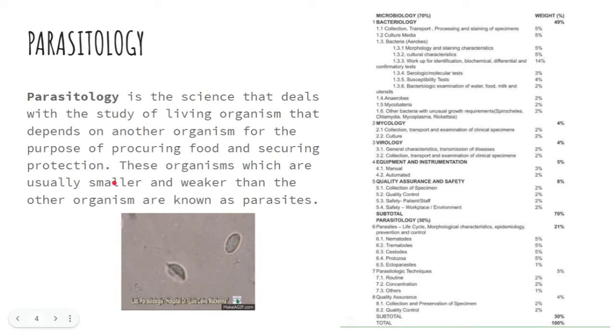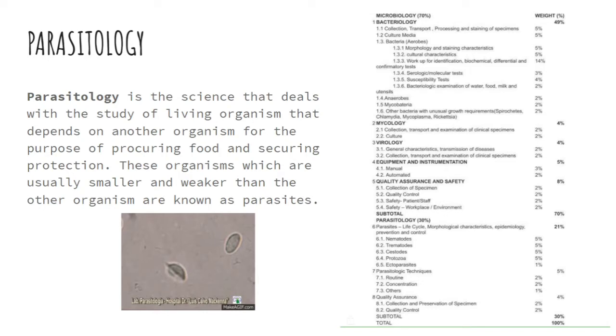So dito kasi sa parasitology, there are two main characters. Okay, it is the host and the parasites. So si host, pwede nating sabihin ito yung humans, so tayo yun, or yung mga animals natin. At yung mga parasites natin, yun yung mga uod, yung mga pag-uusapan natin all throughout the semester.